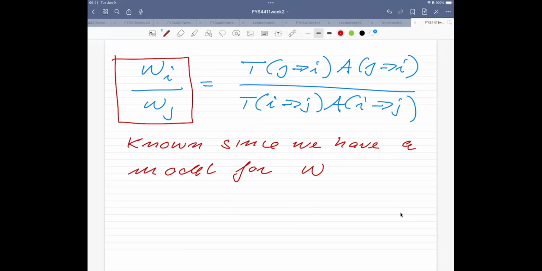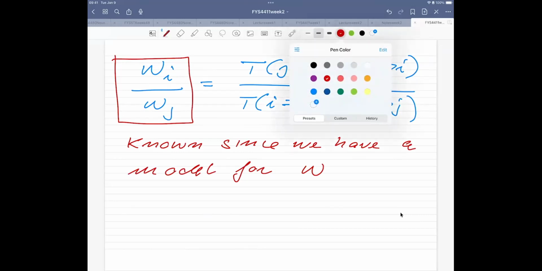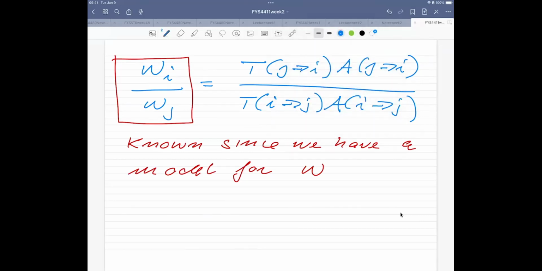Another thing which you see, which is nice here, is that your probability, so let me just write this down so you see it in a better way here. There are two important things. Our W_i is actually equal to the quantum mechanical probability of being in a position R_i with a parameter alpha.